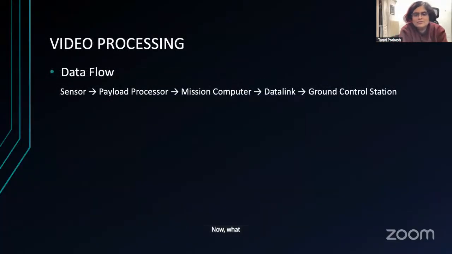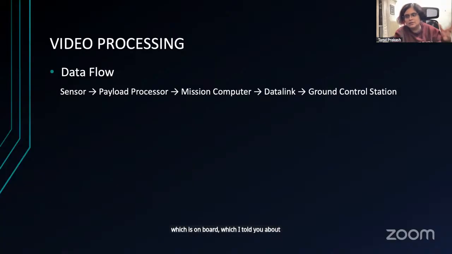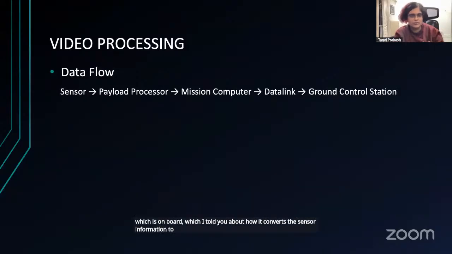Now, what do you do with all this information? You basically process the video or the image. And this chain looks like this, from the sensor to the payload processor, which is on board, which I told you about, how it converts the sensor information to electrical information.